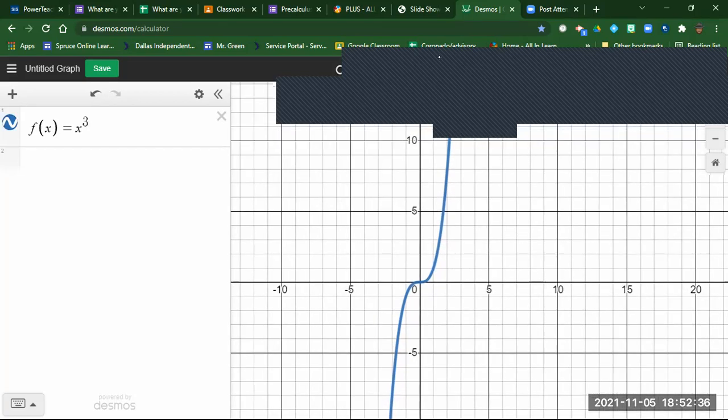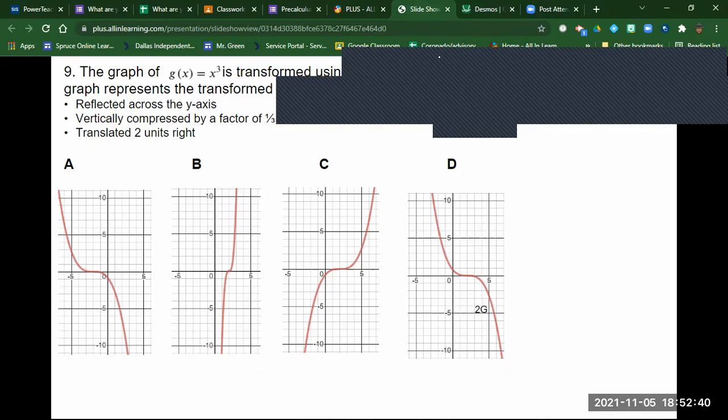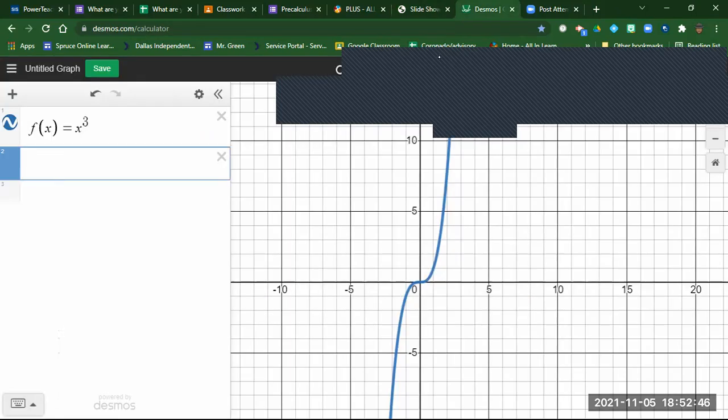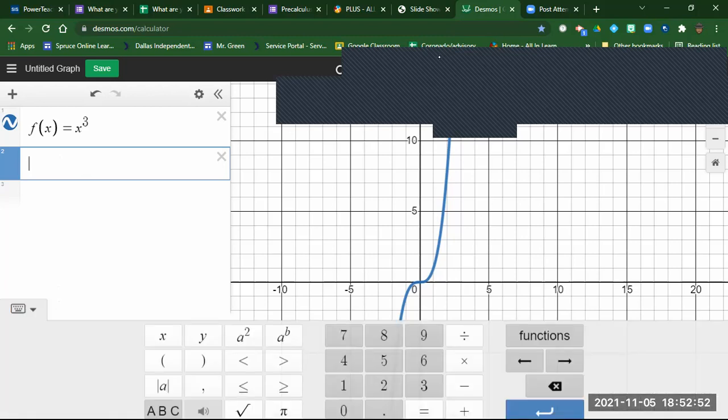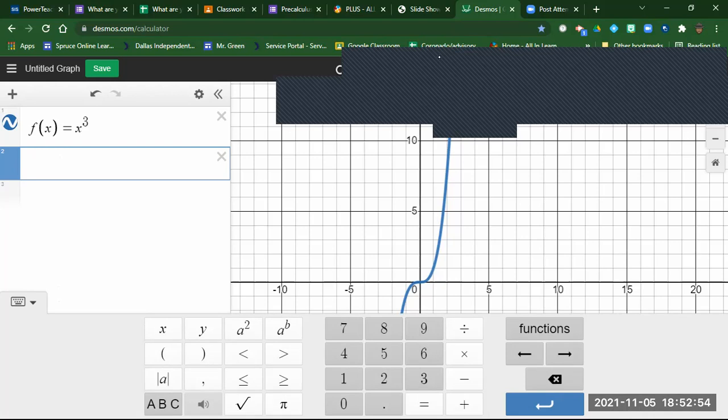I'm going to make it a little smaller. Now, we got reflected across the y-axis. So I'm going to take this function and create another function called g of x.